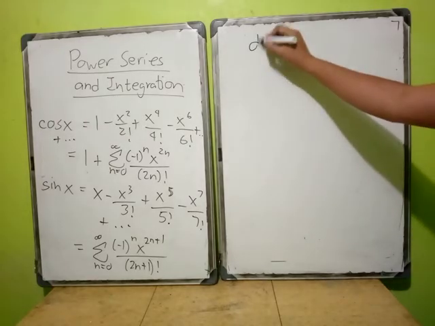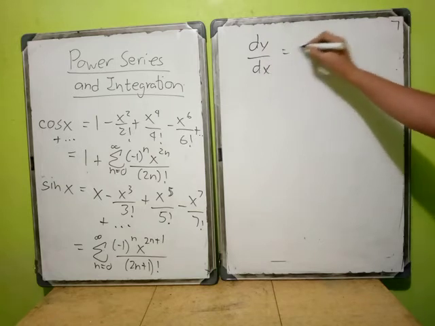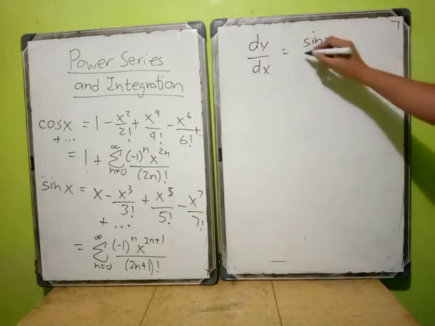For example, dy over dx is equal to sine x over x squared.